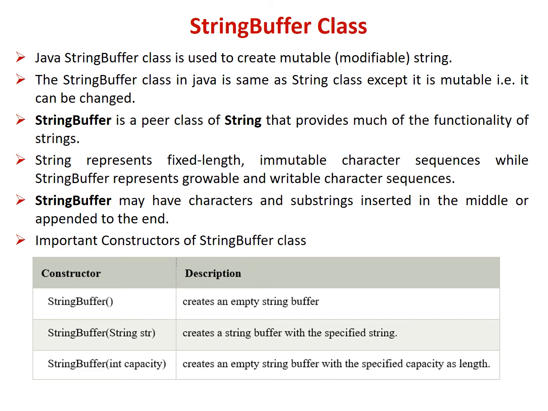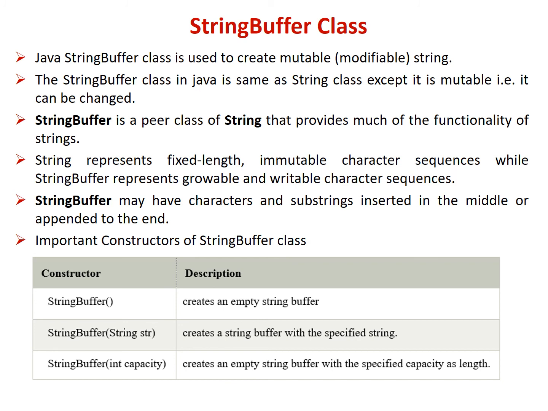Now the class StringBuffer. The Java StringBuffer class is used to create mutable, that is modifiable, strings. The StringBuffer class in Java is the same as the String class except that it is mutable, that is, it can be changed. StringBuffer is a peer class of String that provides much of the functionality of strings.